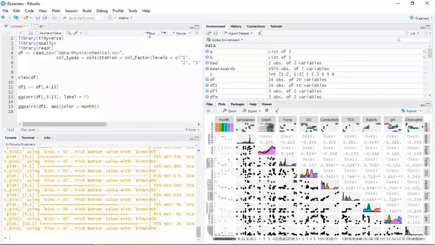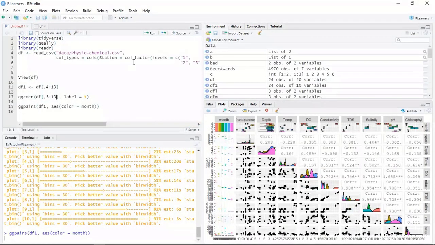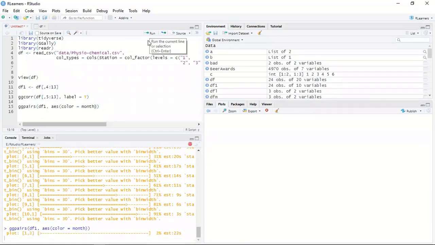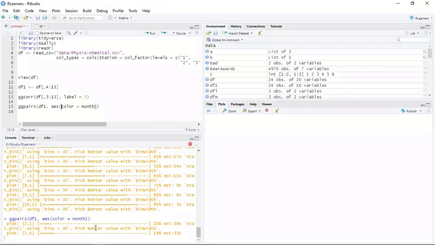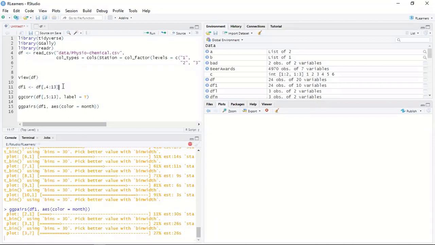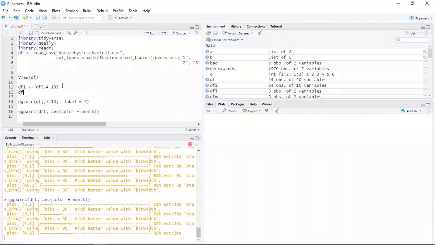So instead of fill, let's say color. Yeah. And we can have another DF2.